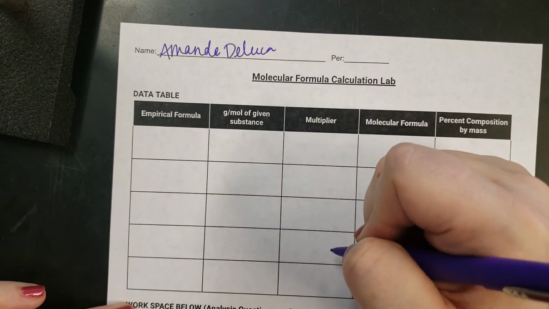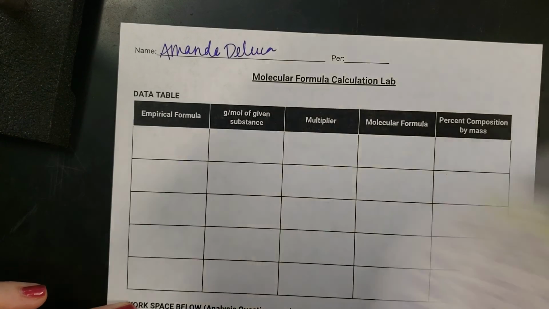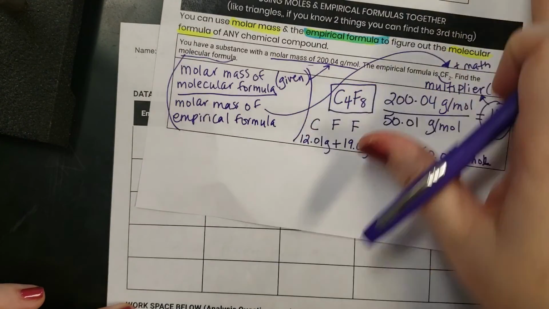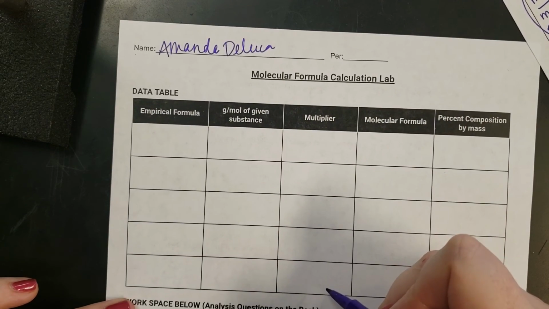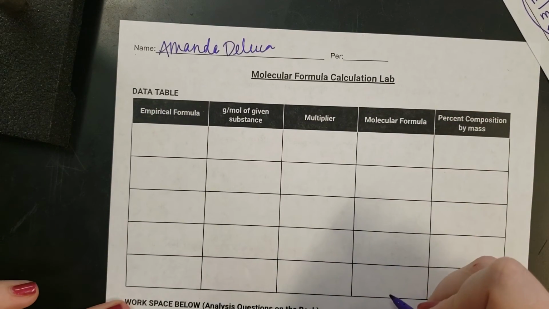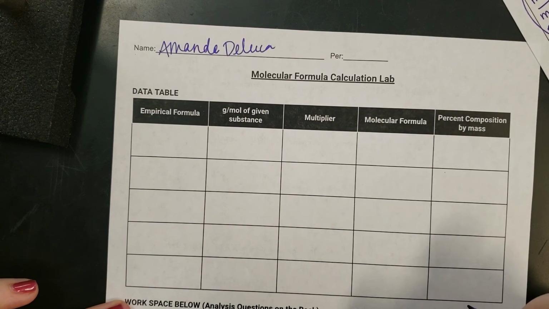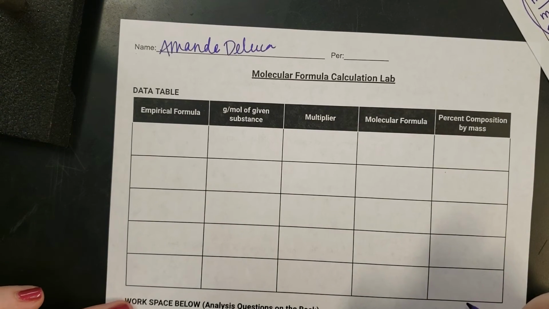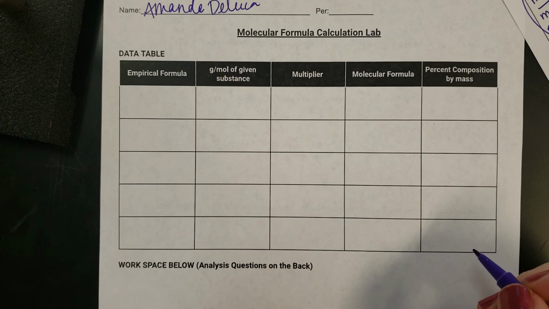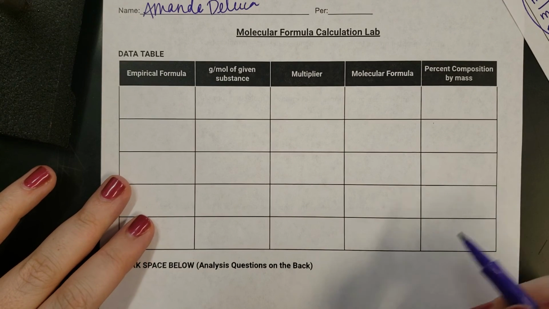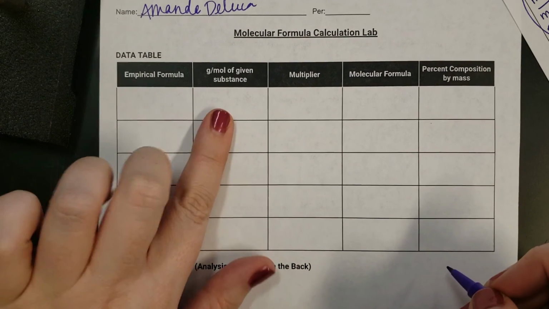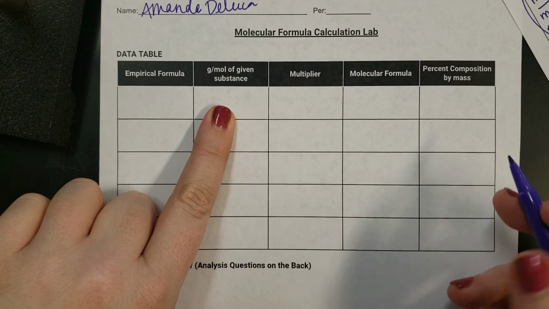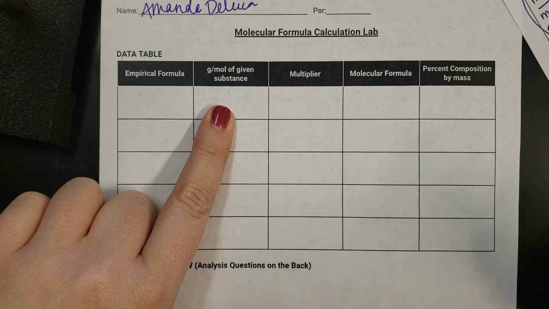Then you're going to do this math to figure out the multiplier, which should be a whole number. You'll write that here. Then you will tell me the molecular formula, and then you need to figure out the percent composition by mass. If you don't remember percent composition, you need to figure out the mass, which would be this right here, and you're just going to figure out the percent of each atom.